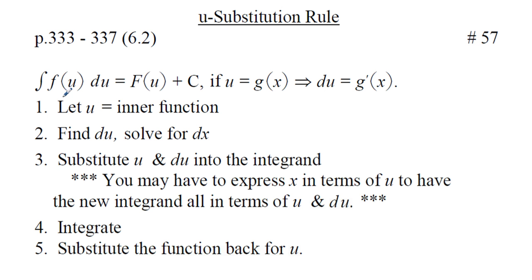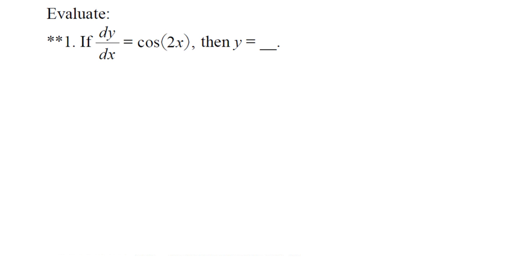We're going to be looking for letting u be an inner function, and we're going to give examples. And then what you do is you take the derivative of both sides and you substitute in, and then you integrate and then substitute the original function back for u. We're going to see a few examples of this here. Examples show better what this is.